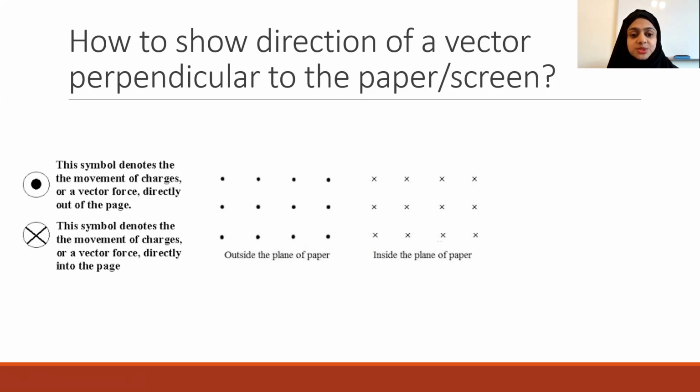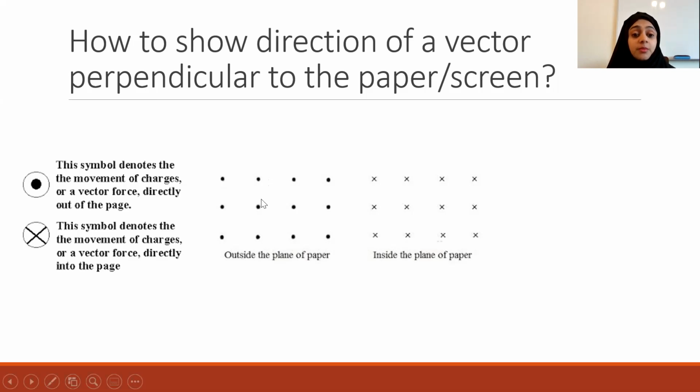Now, sometimes you see that there are a lot of dots. That means in that area, there is either an electric field or a magnetic field which is pointed outside the plane of the paper. So if there are many dots and if it is written capital E, it means an electric field is pointed out of the paper.